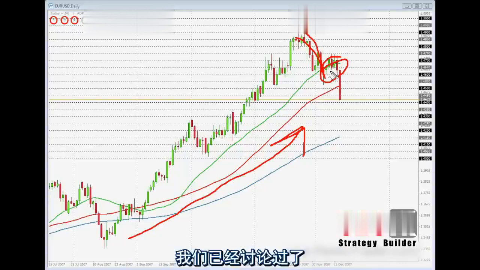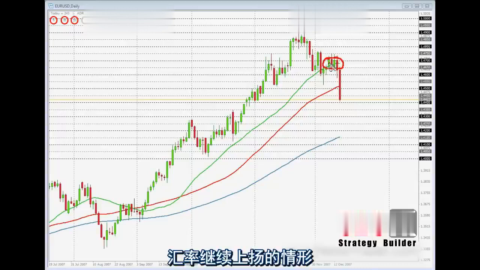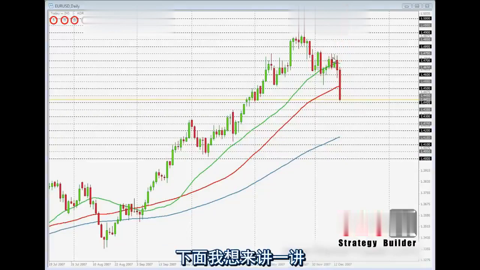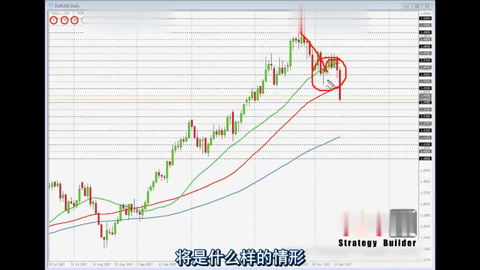We've already determined what happens when the bulls begin to show up on the retracement and price takes off in the direction of the trend. We've already reviewed that in previous videos. Now I want to talk about what happens once the bulls fail to show up on the retracement back to the decision-taking area. What happens if the bulls fail to show up?